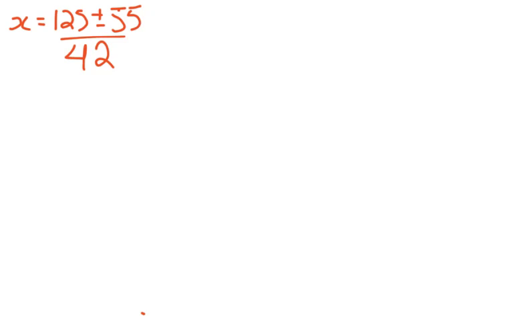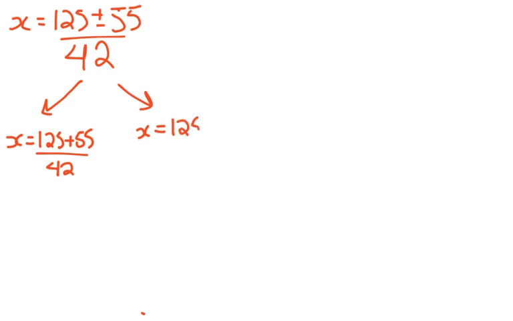And at this point, we need to split this off into two separate equations. One with our plus, one with our minus. So x equals 125 plus 55 over 42. And x equals 125 minus 55 over 42.